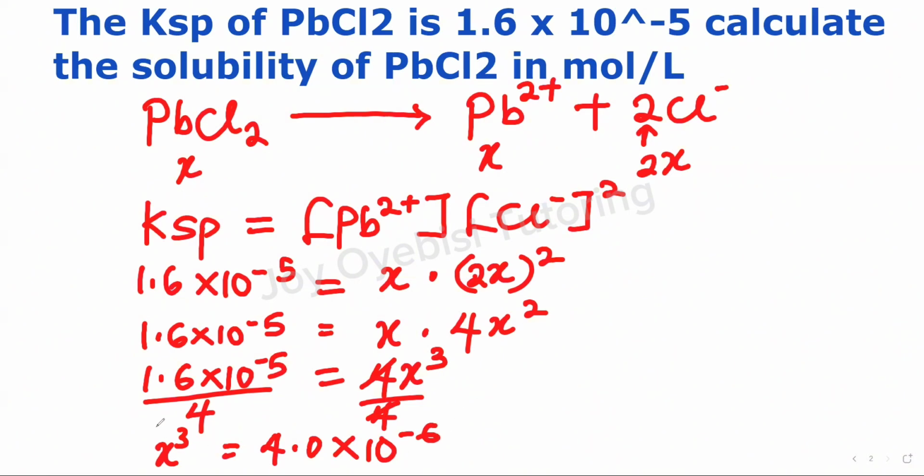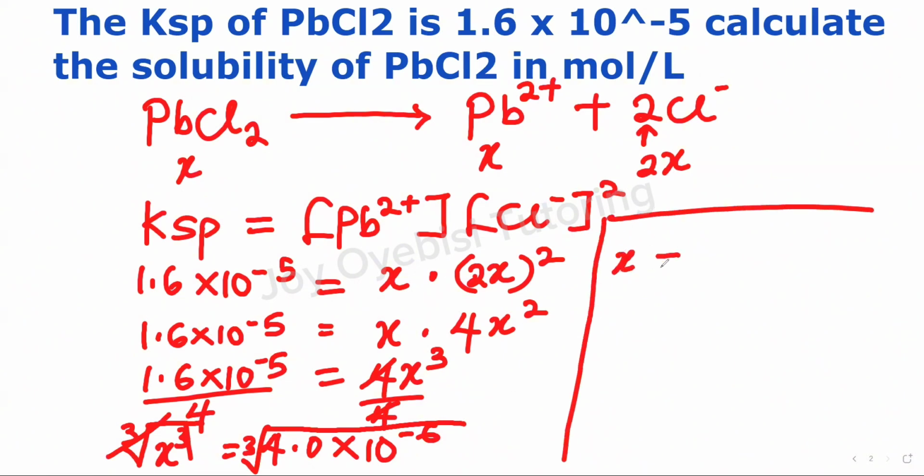So to find x, I'm going to do the cube root of both sides. The idea is this will cancel out on this side, and you have just your x. So x will be equal to the cube root of 4 times 10 raised to the power of -6, which will give 0.0159, and this will be moles per liter.